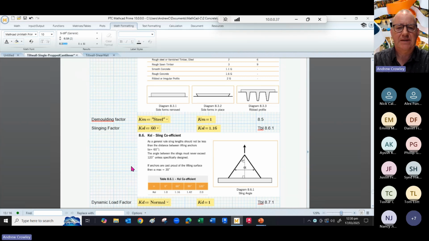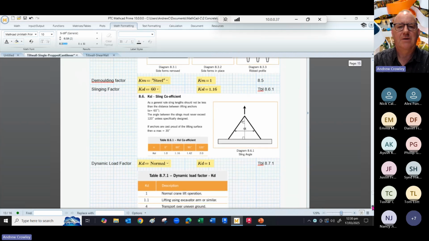There's a slinging factor. So remember from previous CPD seminars, the bigger that angle, the greater the anchor load is going to be. So ideally you want an angle of about 60 degrees. If you go bigger than that, our slinging factor goes up to 2.